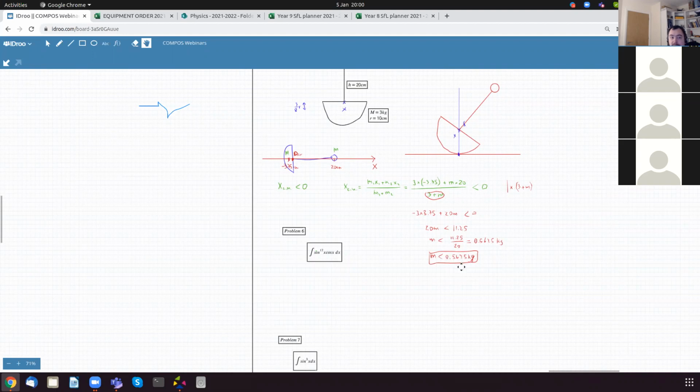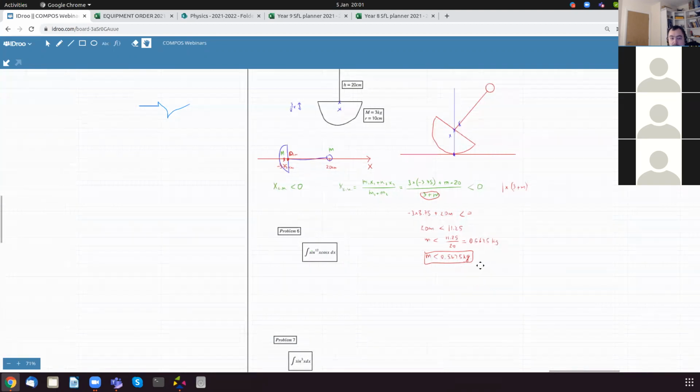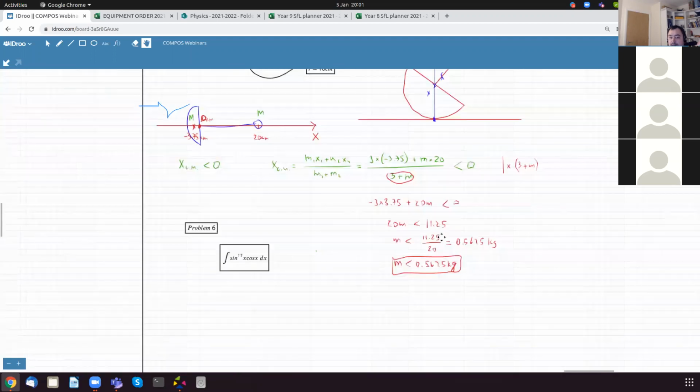You can tip the hemisphere up to 90 degrees, sometimes even more. Because then you can say it will not topple over. If it's 0, it will be in neutral equilibrium.